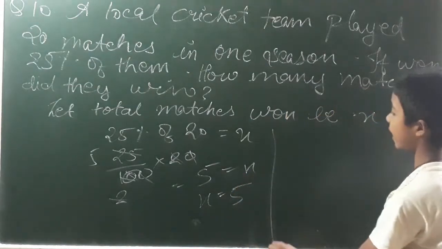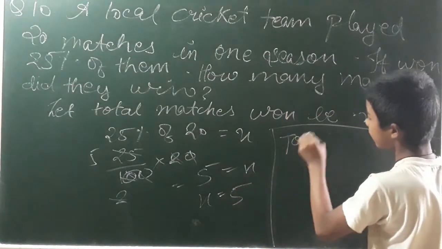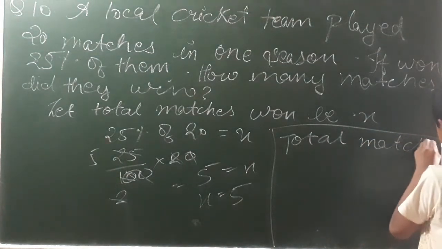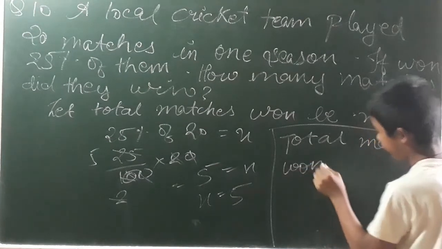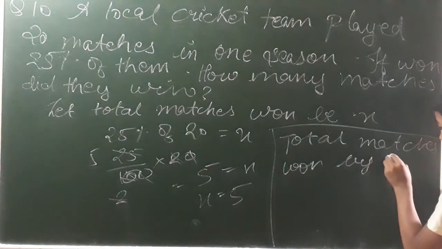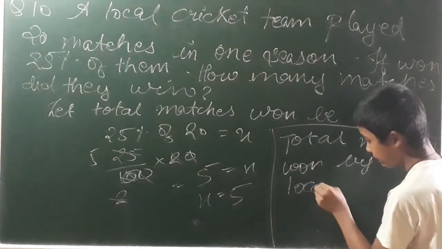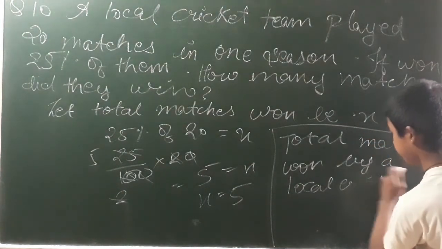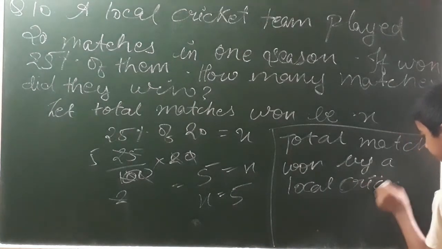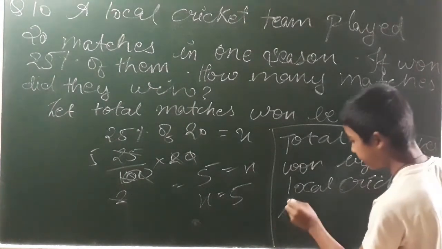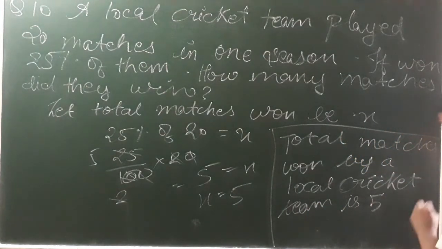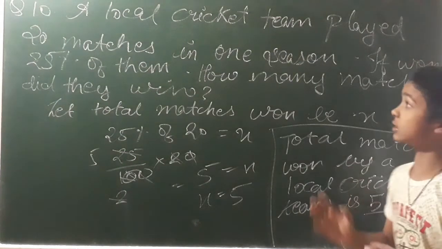So now we can write total matches won by a local cricket team is 5 matches. Okay, so this is the answer.